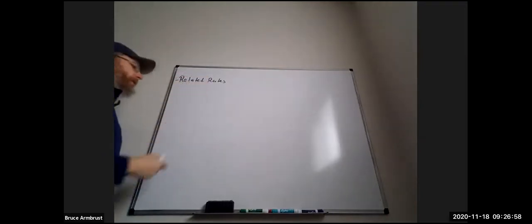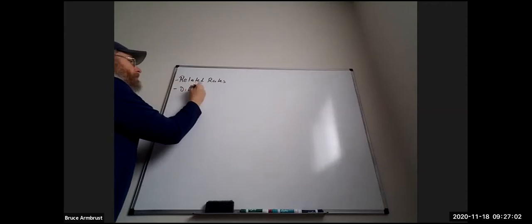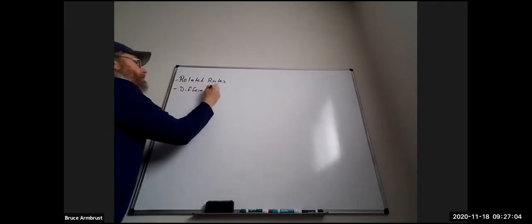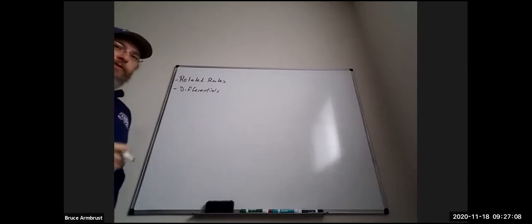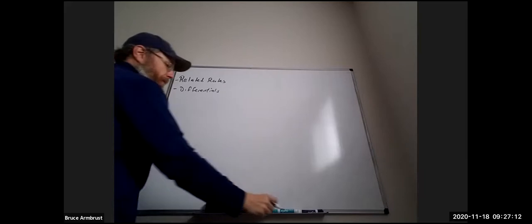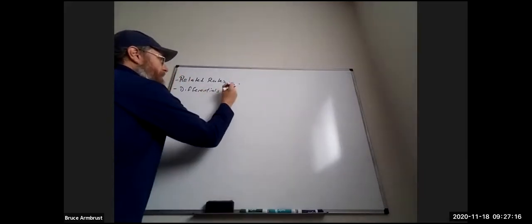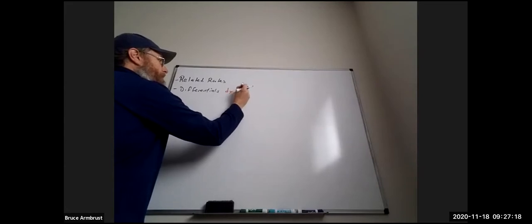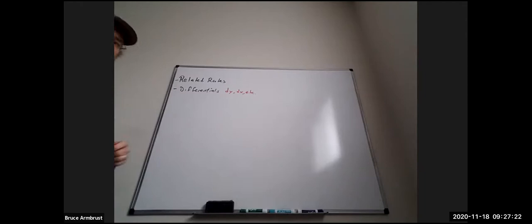After related rates, we talked about differentials. Just to remind you, in case you're wondering what a differential is, these are the dy, dx, etc. Those are little differential things.